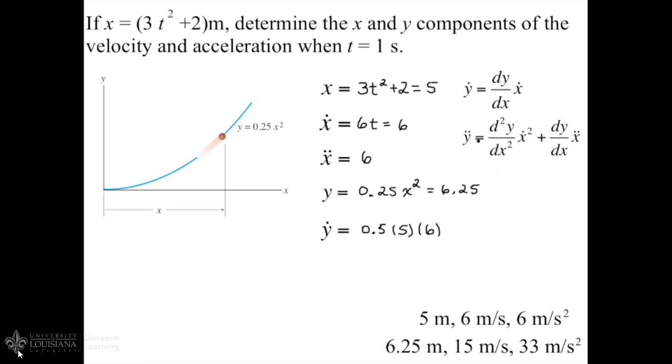Finally, we'll find the acceleration component in the y direction, and we'll follow this formula. We have to take the second derivative of this expression with respect to x. First derivative, of course, gives us 0.5x, and the second derivative will give us 0.5. Next, we multiply that by x dot squared. In other words, 6 squared.